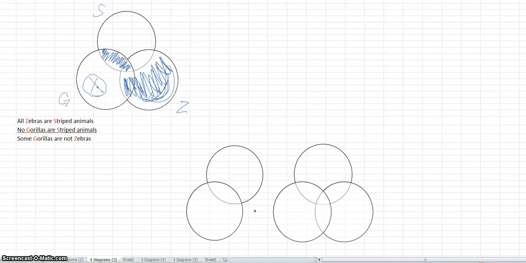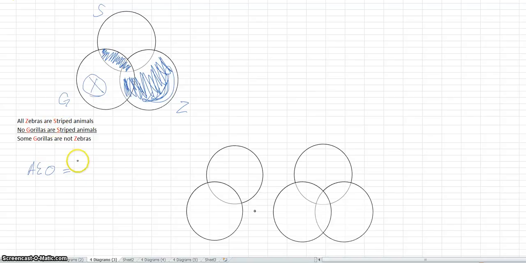So do gorillas exist? So now the question is, is it valid? We know that some gorillas are not zebras would mean we'd have to have an X here, right? Because we're proving existence, we know we have to have an X here. As a result of that, we can look at this to say we have an A, E, O, and we know that the middle term is in the predicate.